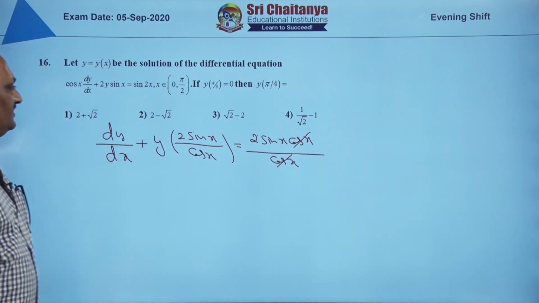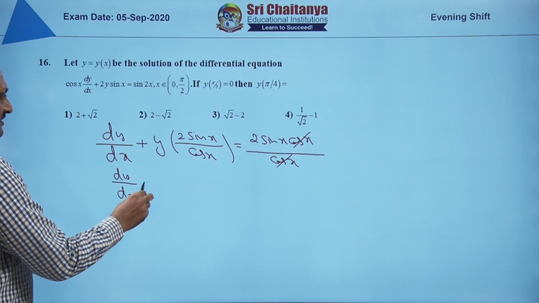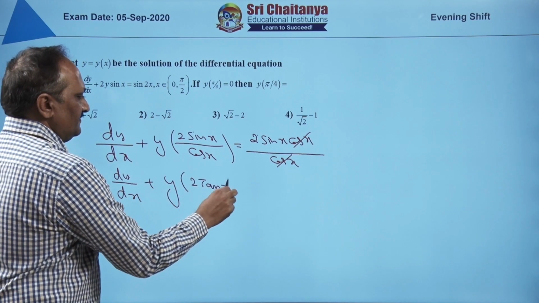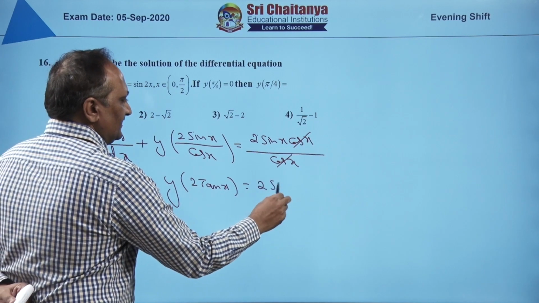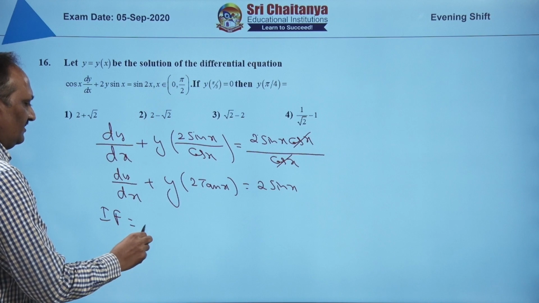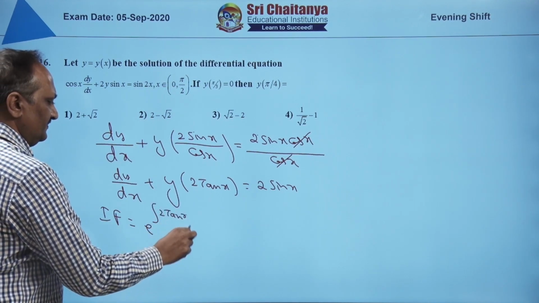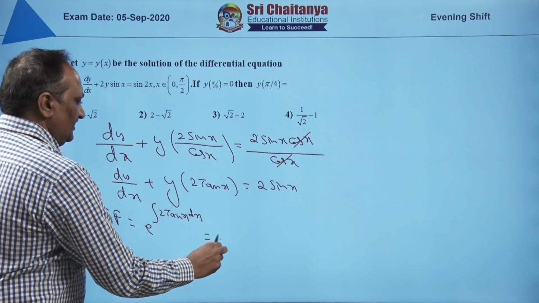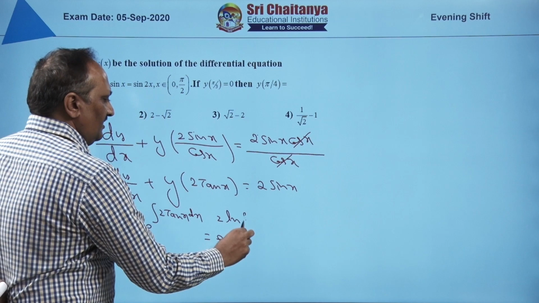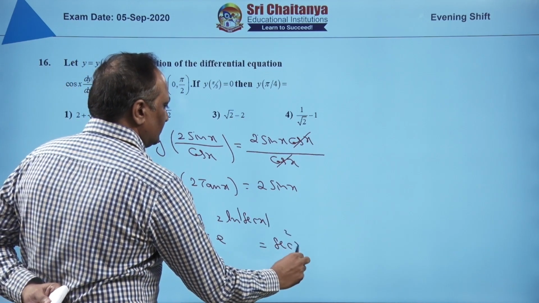2 sin x. So, this is a linear differential equation: dy by dx plus y into 2 tan x is nothing but 2 sin x. The integrating factor is nothing but e power integral p dx, 2 tan x dx, e power integration of tan x is log mod secant x, and this function becomes secant square x.